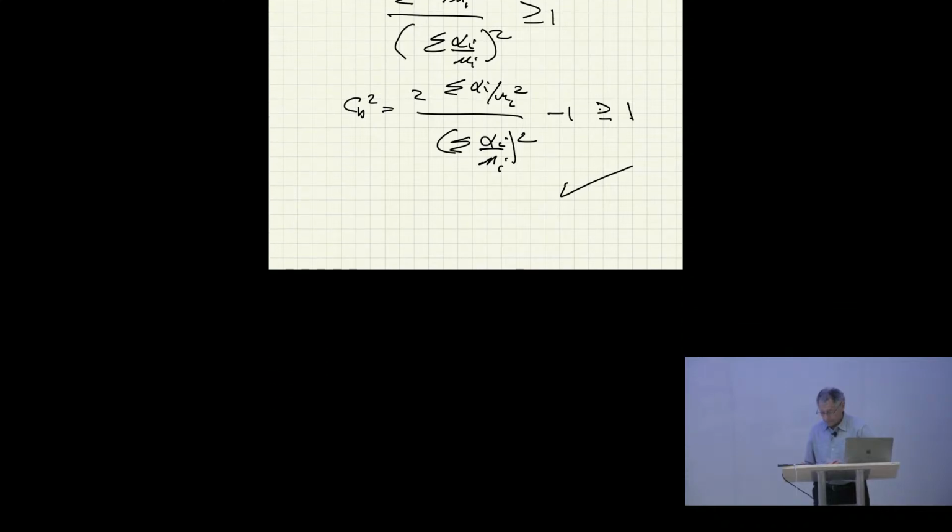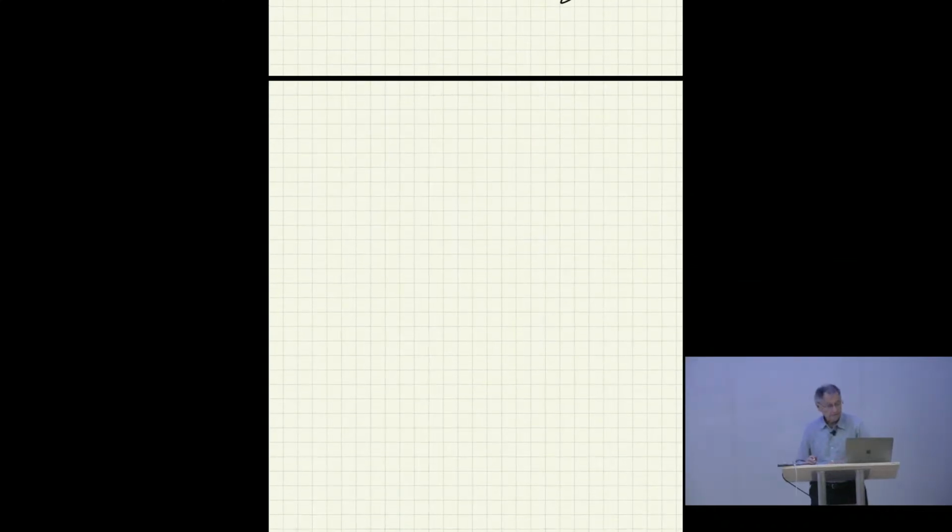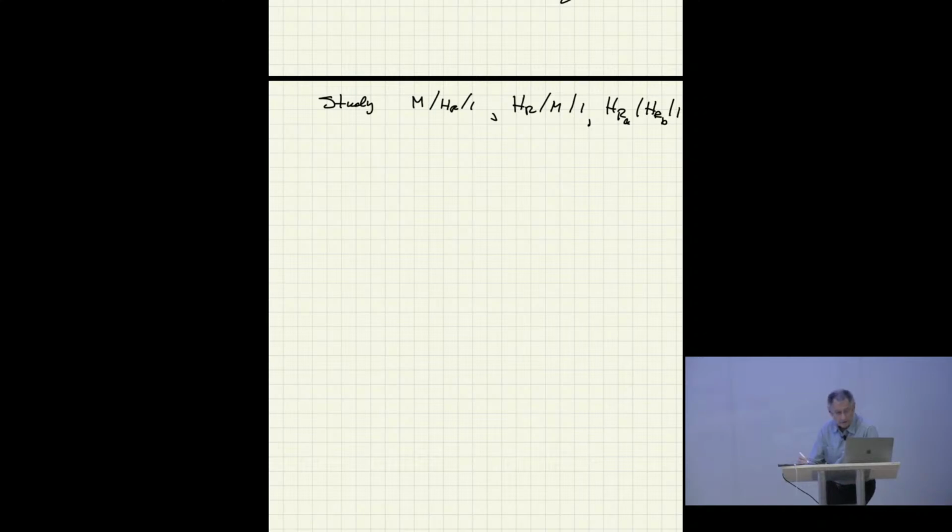Okay. So now that I've got that, let's use it. So now we could study, as we did before, let's start with, say, M/H_R/1 or H_R/M/1 or H_RA/H_RB/1 by specifying what the stages do.